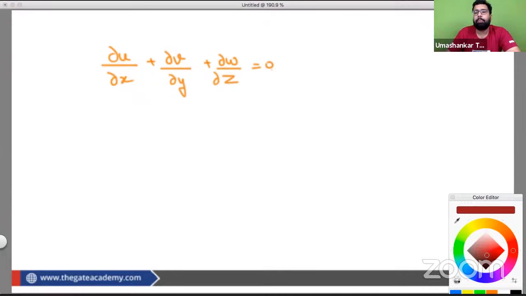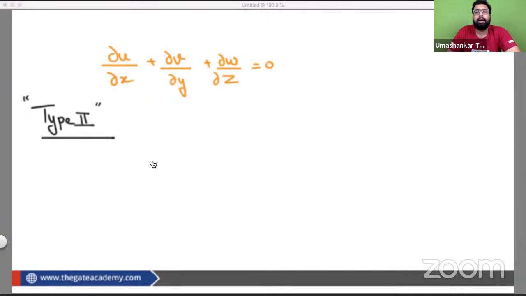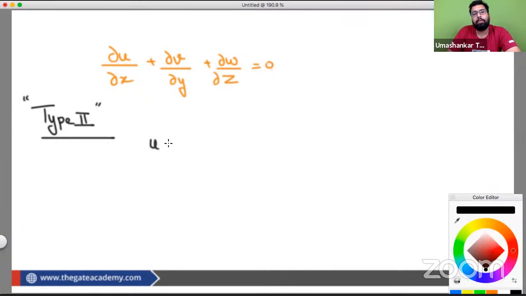Now, what is the type 2 question here? In the type 2 question, they can give you the value of u, they can give you the equation of v, and they may ask you for w.